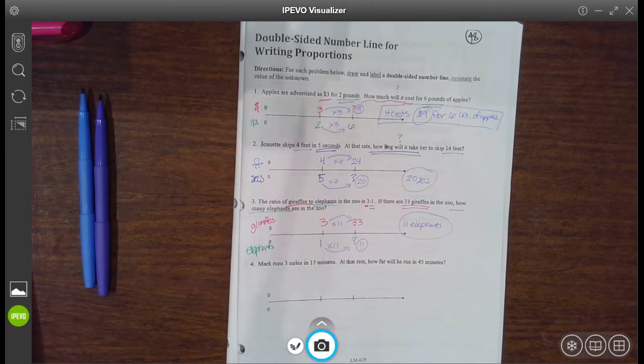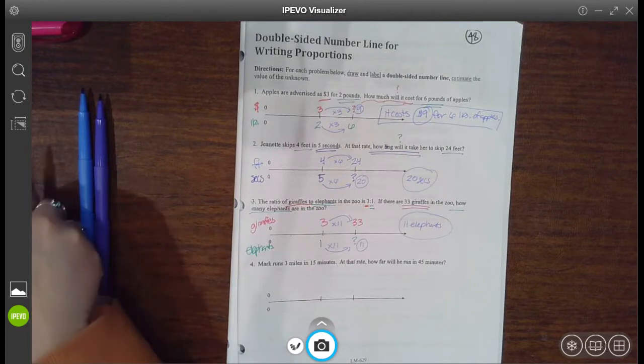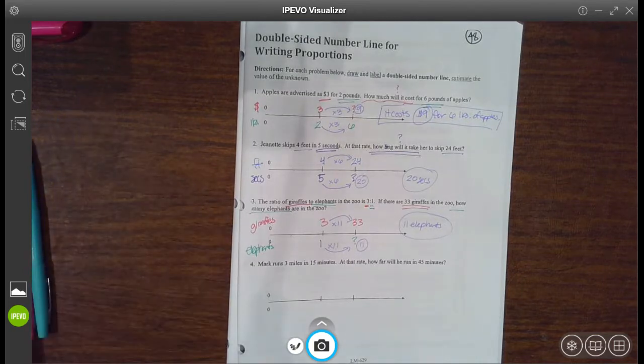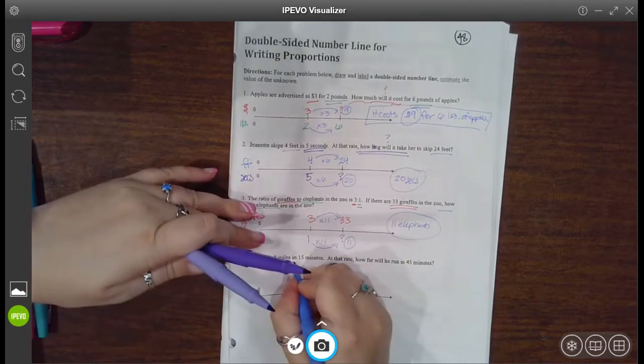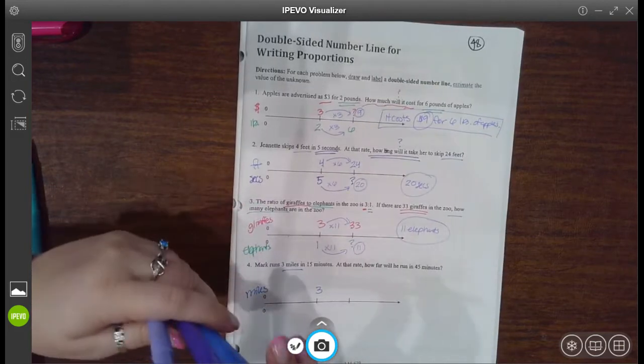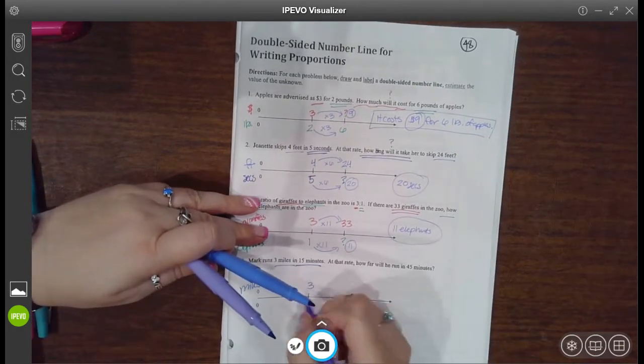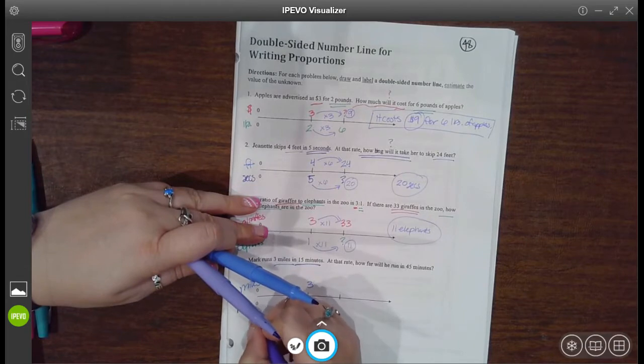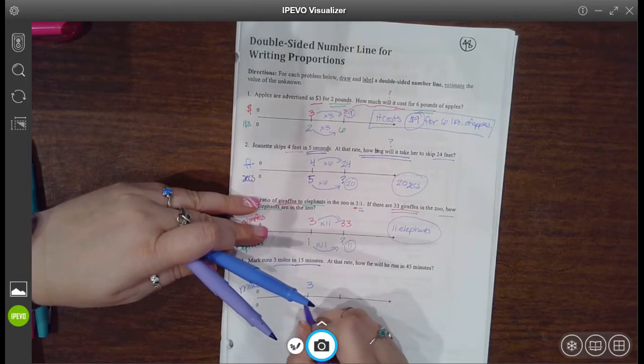Okay, last one. It says that Mark runs 3 miles in 15 minutes. So what am I talking about? I'm talking about miles, which he went 3 of, in minutes. And he went 3 miles in 15 minutes.